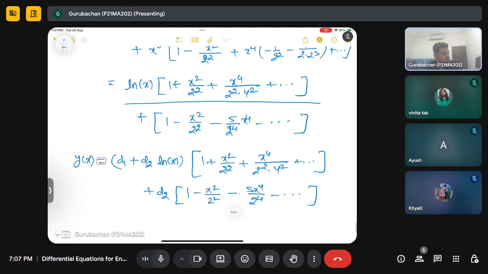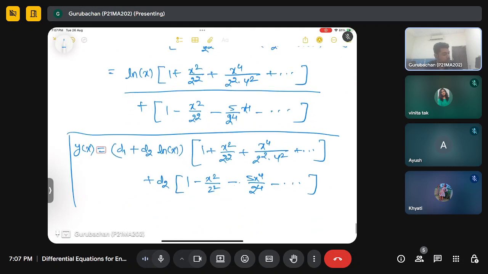So this will be your general solution of the given differential equation.